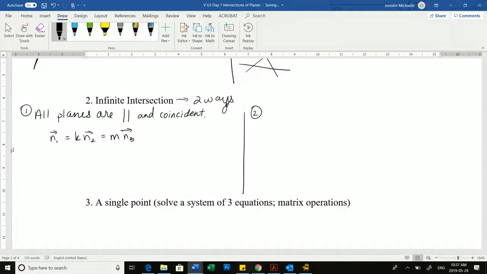So the normals are all scalar multiples of one another, and also we would be checking their constants as well, to check that the full equation is also like scalar multiples of one another, okay?